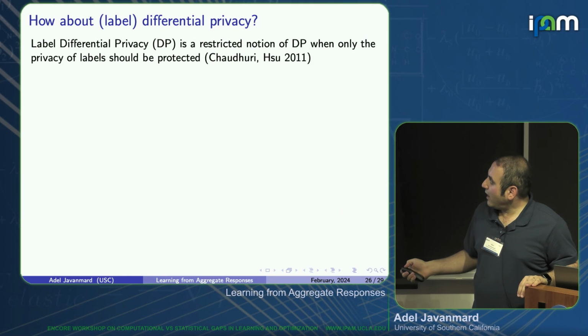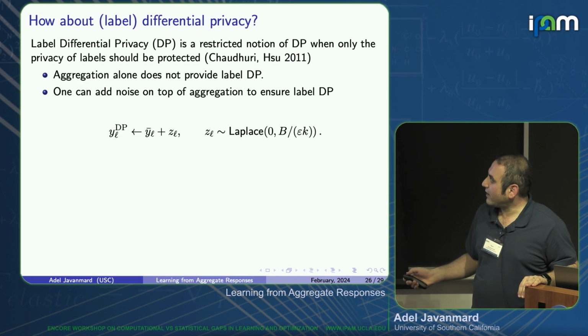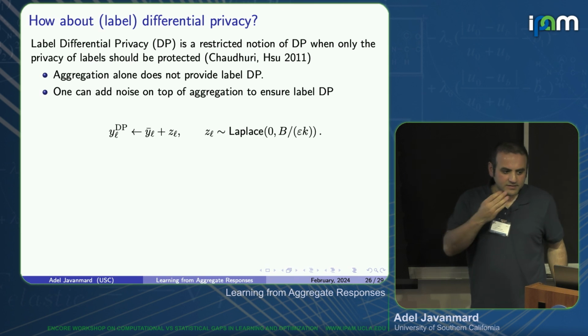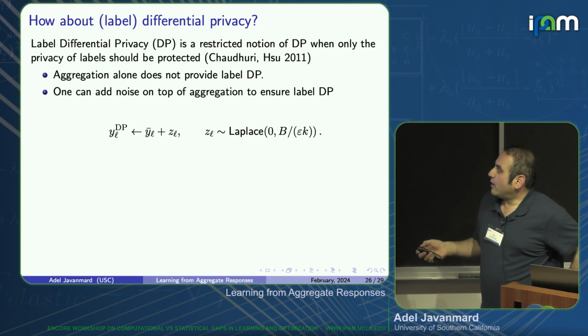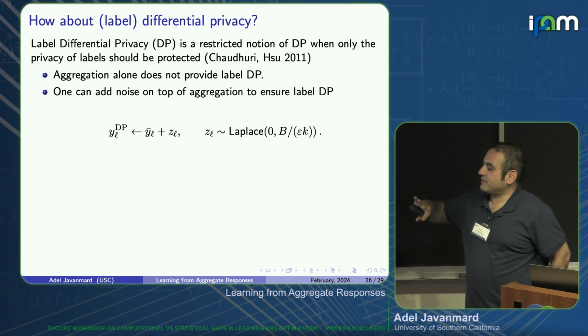There's a notion called label differential privacy, which is just a restriction of the usual differential privacy notion, but in the setting that you only care about labels, not the features. I think the first work that introduced it was by Kamalika and Daniel in 2011.